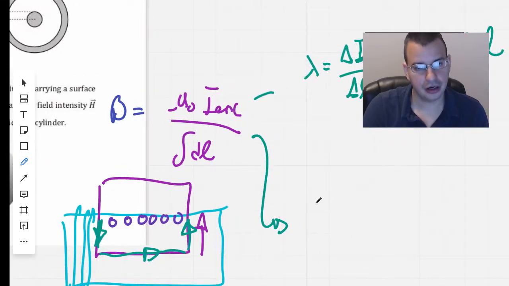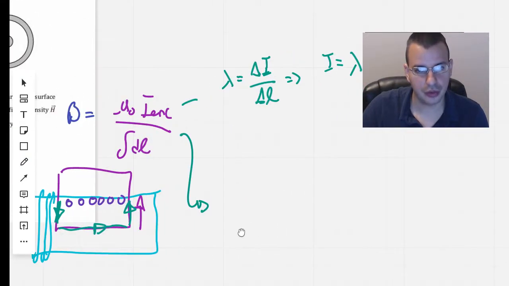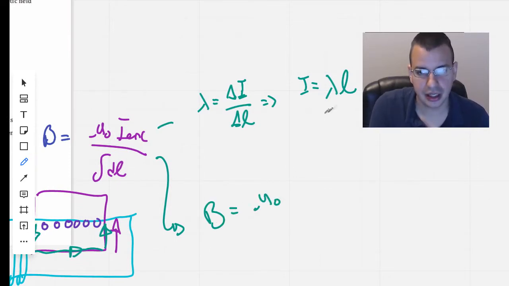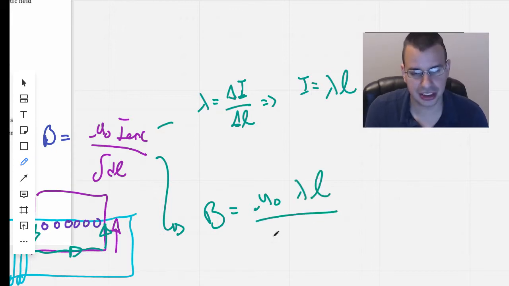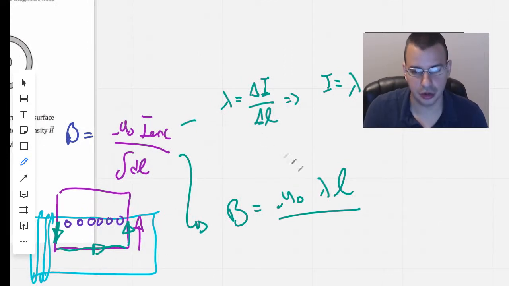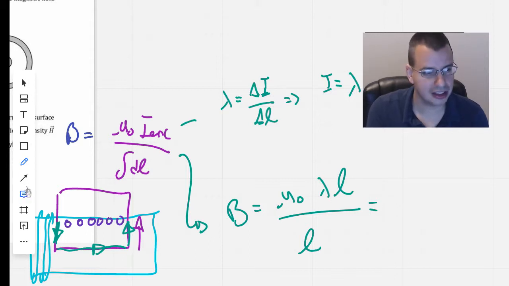So then we go over here and we rewrite this I enclosed as mu naught lambda L, and we'll assume that this is infinitely long, and then we want to find the length of this portion right here, which is just L. The lengths will cancel.